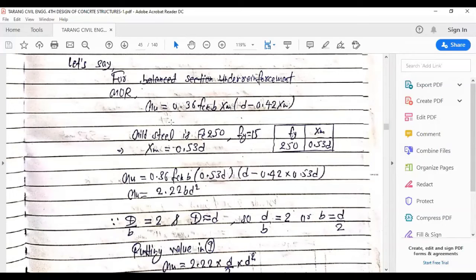So again, assumption part, let's say for under reinforcement section, moment of resistance is given by the formula Mu is equal to 0.36 fck b xm into d minus 0.42 xm.